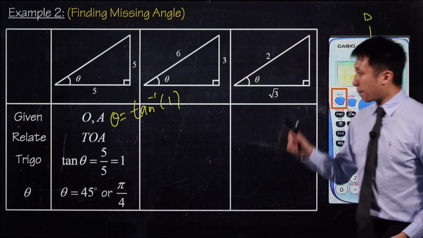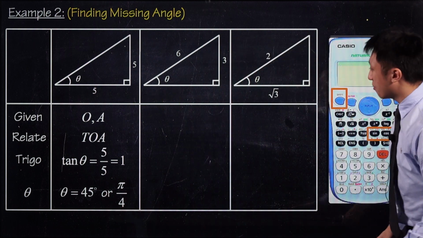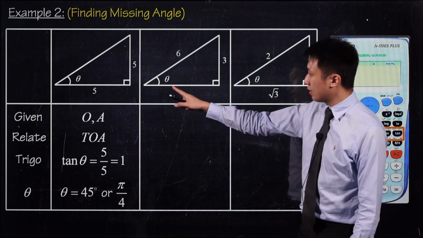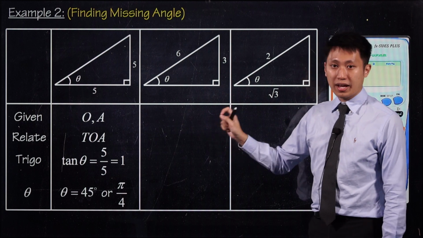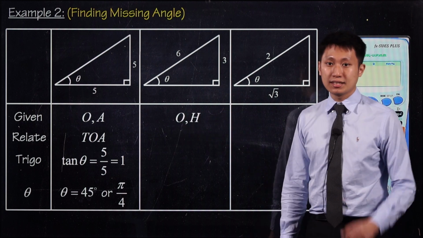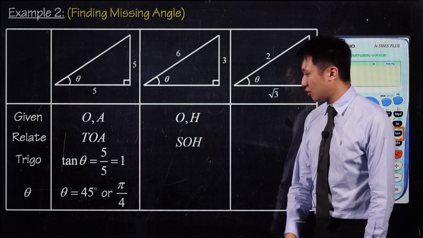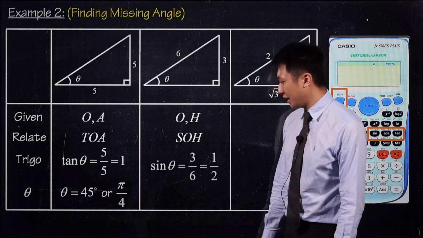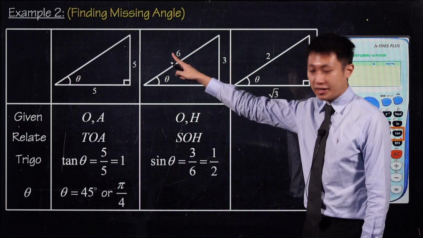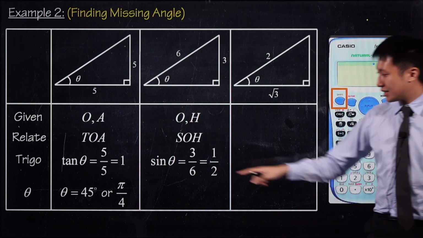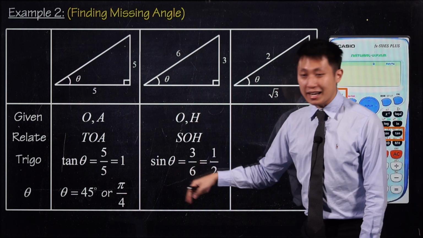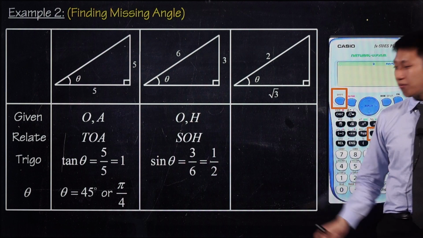So now let's try one more here. It's given what? Opposite, hypotenuse, O and H. So it's sine. Sine is opposite over hypotenuse, 3 over 6, 1 over 2. So what do you do now? Sine theta is 1 over 2, so theta is arcsine, inverse sine of 1 over 2.